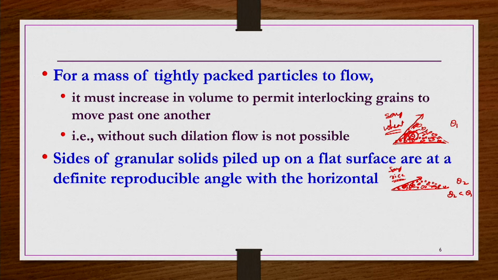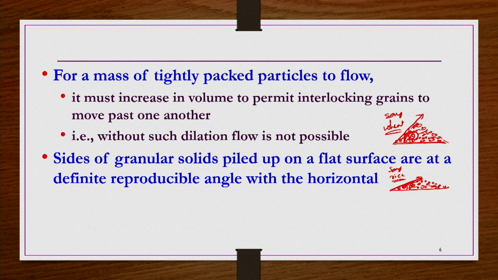If you see their angles, you take these sides and try to measure the angle with the horizontal for either of the cases. Since the material is different, they may have different angles. But as long as the material is the same, this angle is going to be the same.